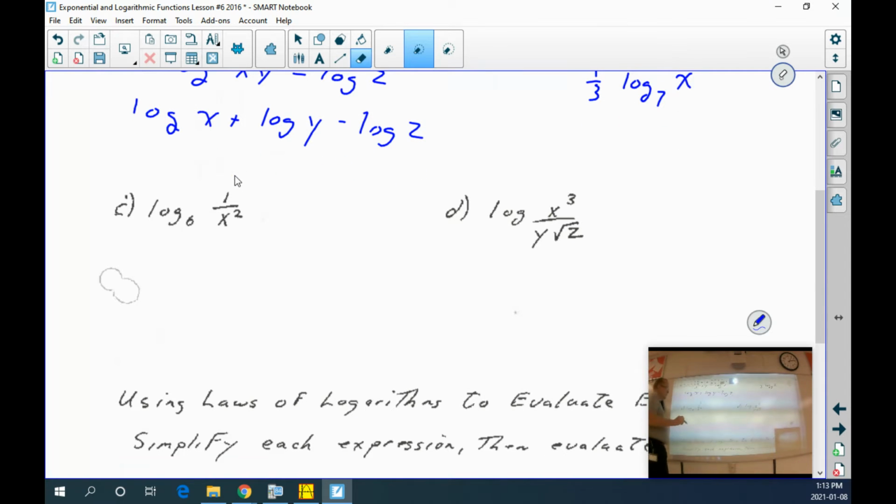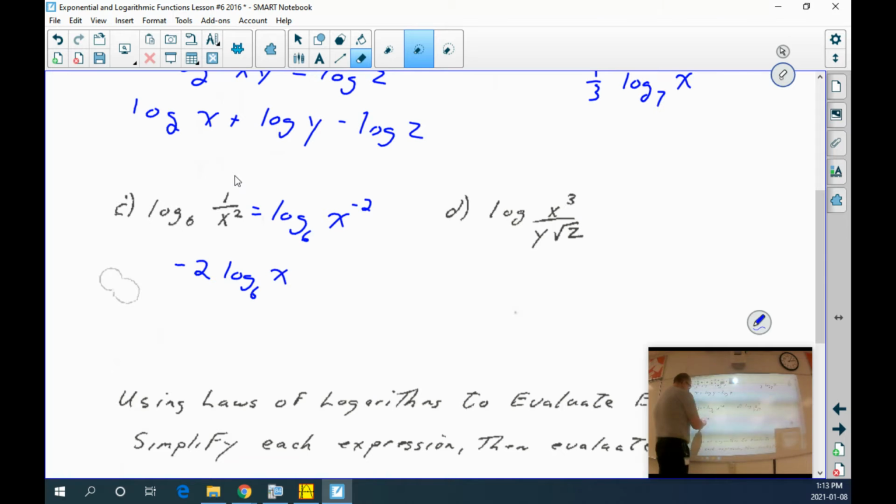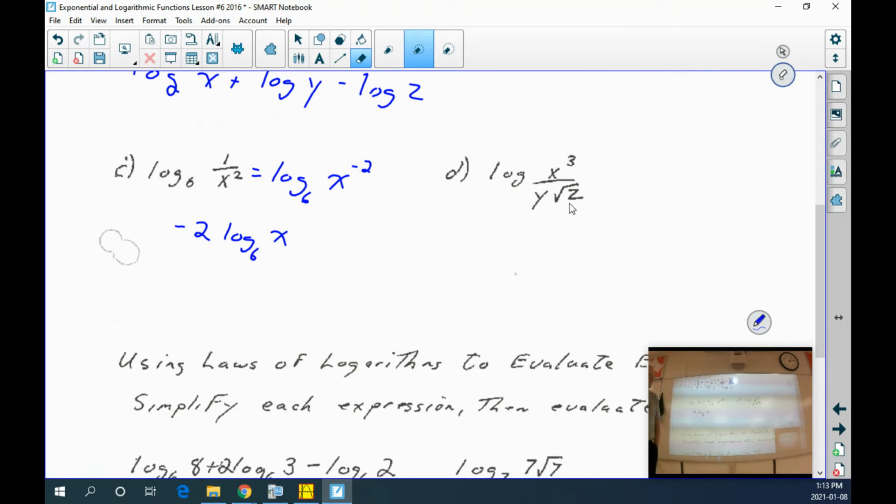I'm going to do something similar here. I'm going to write this as log base 6 of x to the -2. I've got my log base 6 of x, I just got that -2. So shake down that -2 in terms of log base 6 of x. That's our answer.